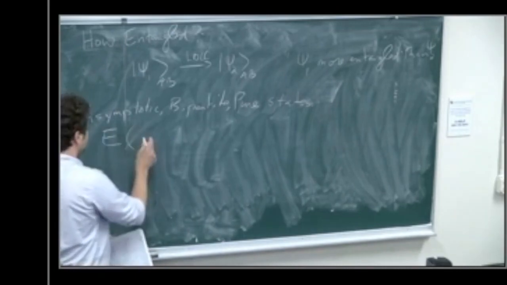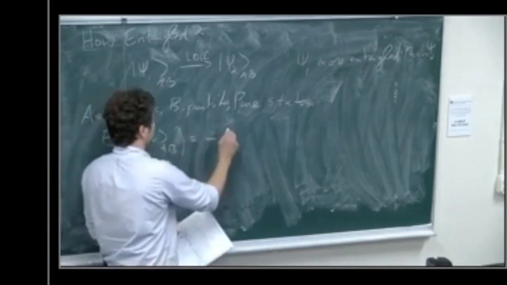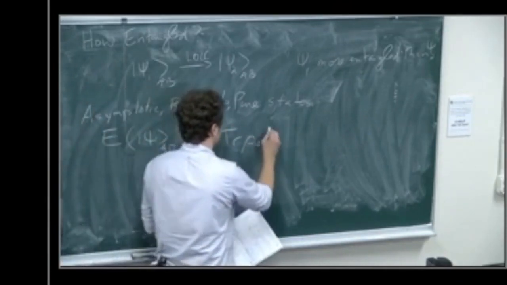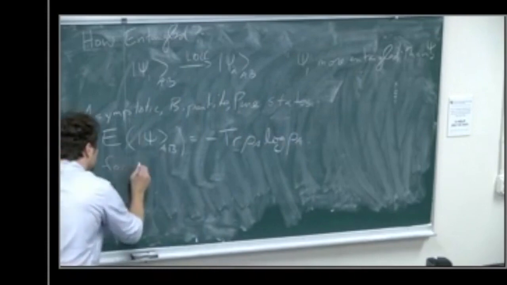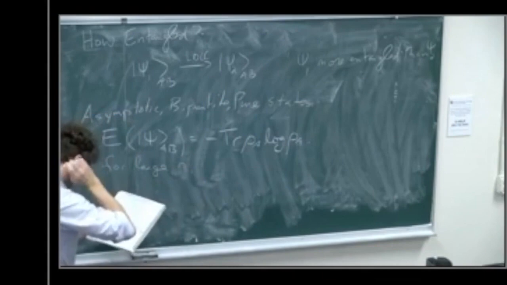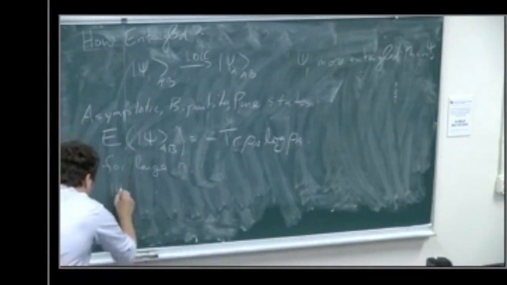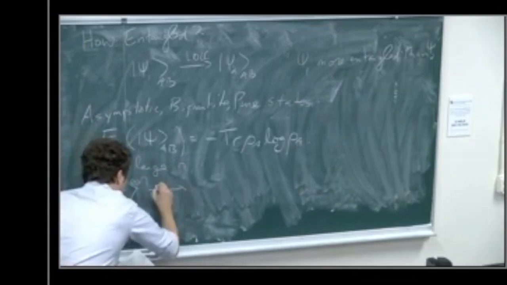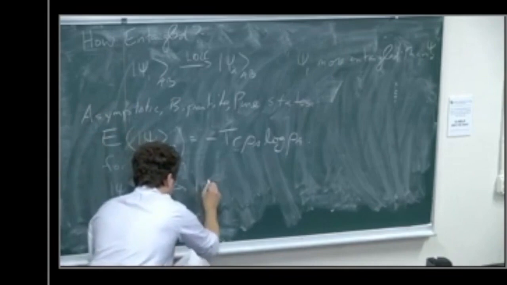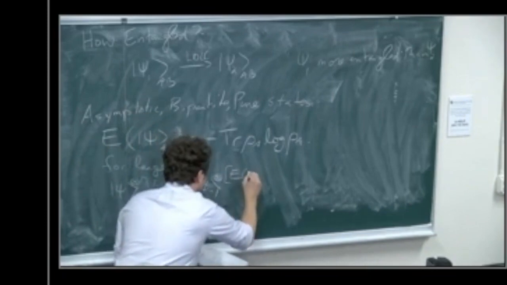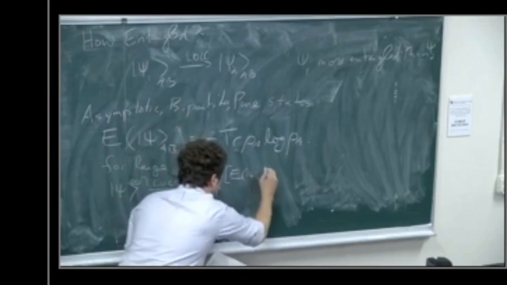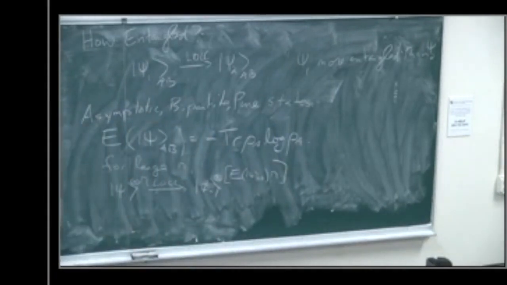If we let this function, E of psi of AB, be equal to minus trace of rho A log rho A, then for large n, I can take n copies of psi and map it via LOCC to E, this entropy of AB, times n copies of this maximally entangled state.